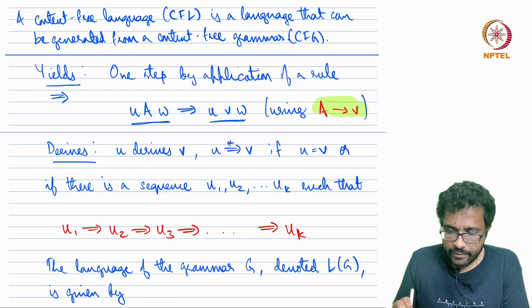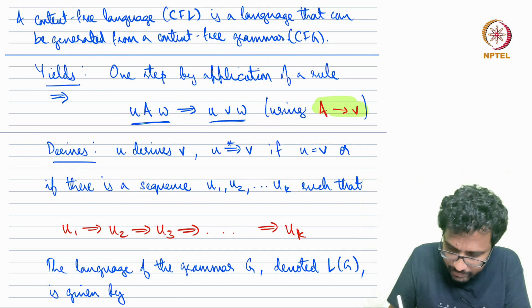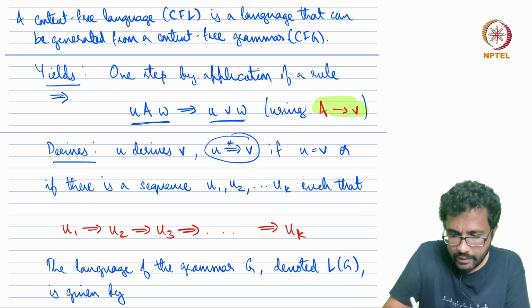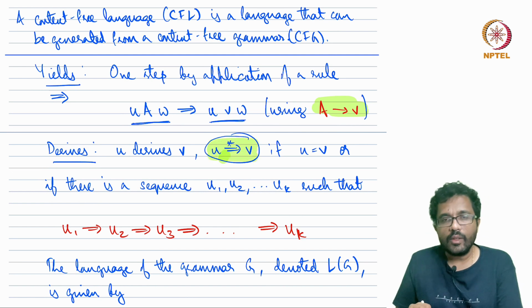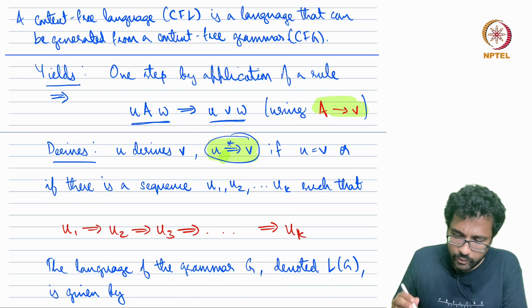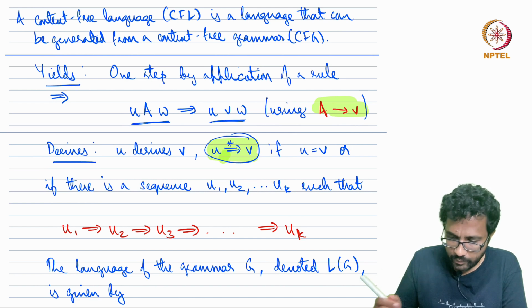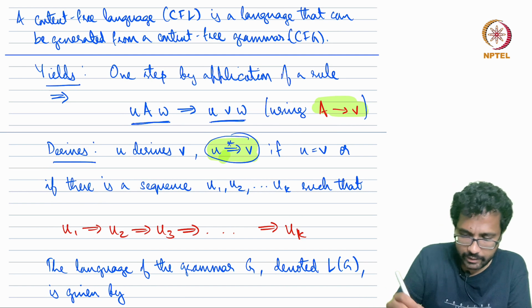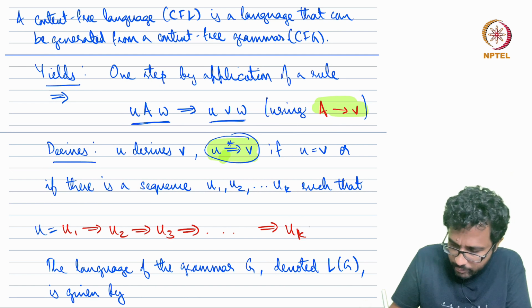And we say derives, which uses similar notation, but it has a star over the arrow. You say u derives v if starting from u there is a sequence of replacements, where u is u1 and uk is v.